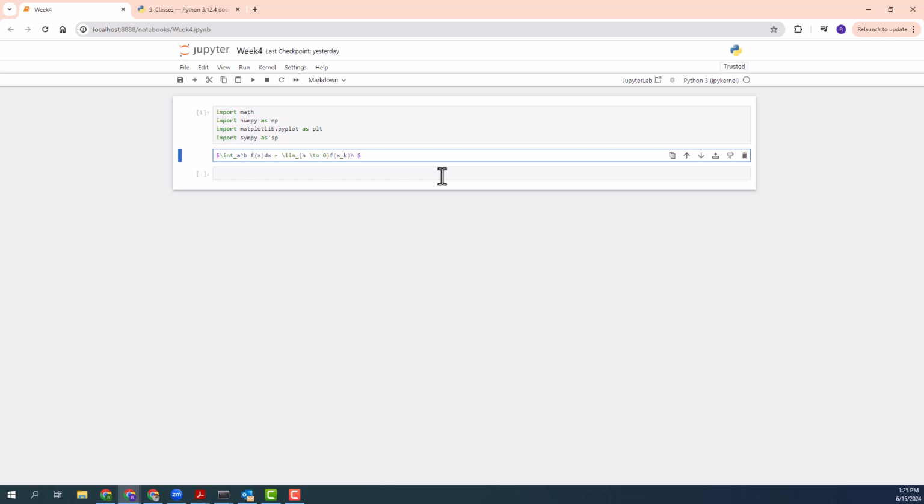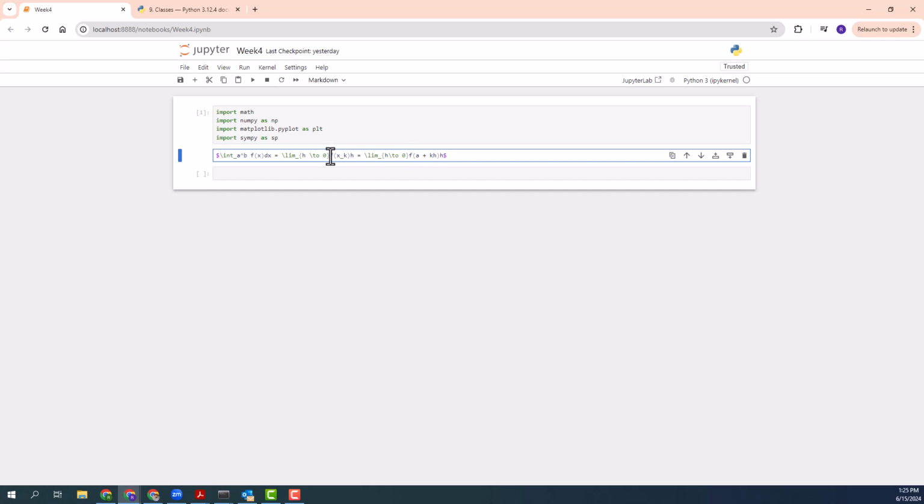And remember what f of x k is. This is the limit as h goes to 0, and I will run this in just a little bit so it doesn't look like computer code. This is a plus k times h times h. So the way that I've set it up here, this would correspond to a left-hand endpoint rule.